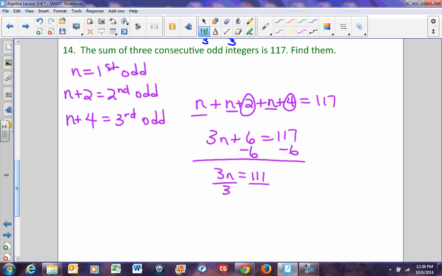Divide by 3. 111 divided by 3 is 37. So n equals 37. n plus 2 is 37 plus 2, which is 39. n plus 4 is 37 plus 4, which is 41. And my three integers are 37, 39, and 41.